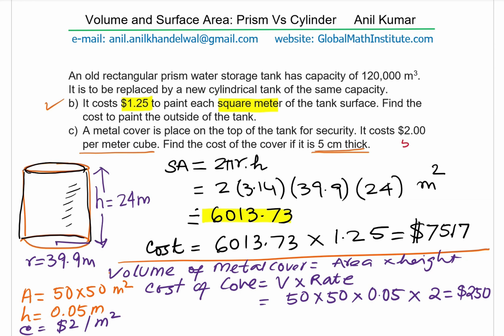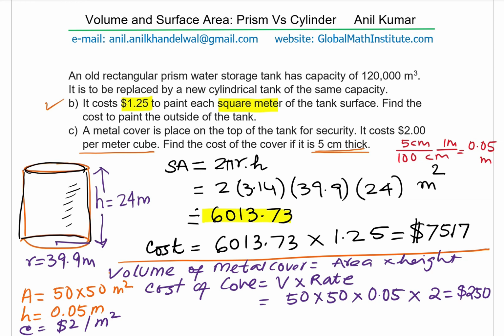Now, it is very important to understand how we converted 5 centimeters into meters. So we did 5 centimeters divided by 100, right? Because 1 meter is 100 centimeters. And that gave us 0.05. Sometimes you may make a mistake in this. So that is how we converted centimeters to meters.